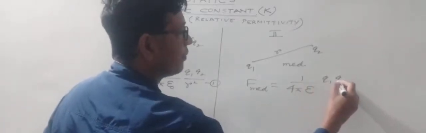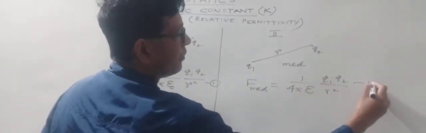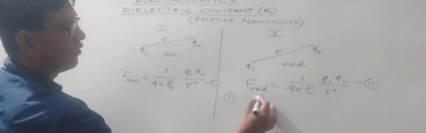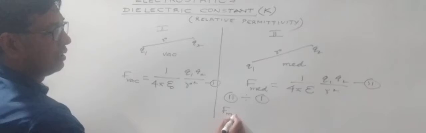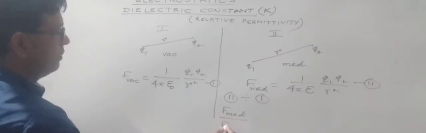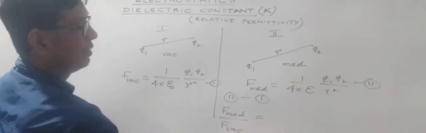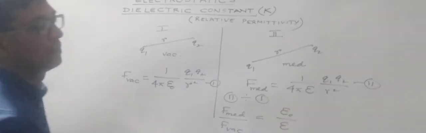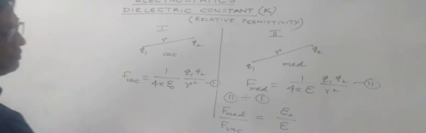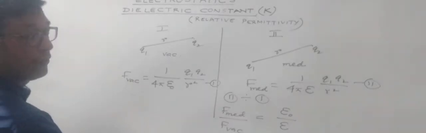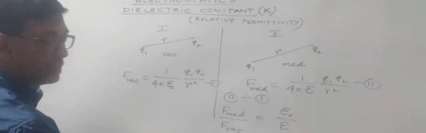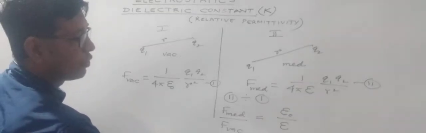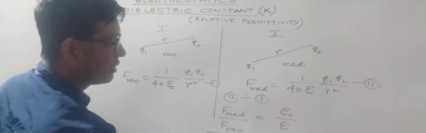So, if we divide second from first, what we get is F medium divided by F vacuum. It would be epsilon divided by epsilon naught, or F vacuum divided by F medium would be equal to epsilon divided by epsilon naught, isn't it?